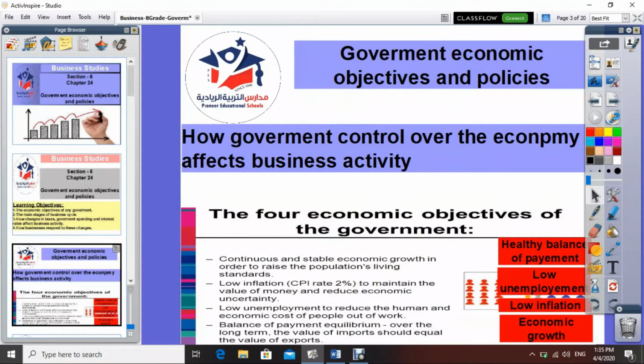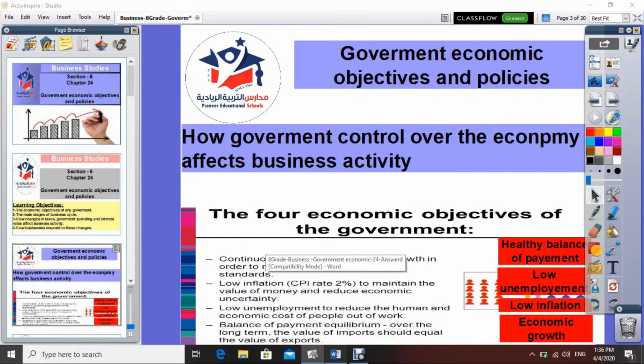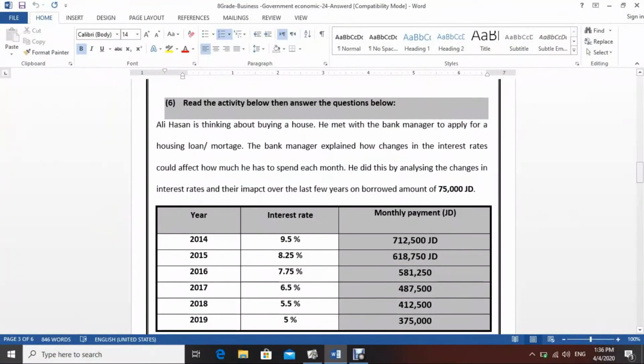We have here the balance of payment. We have many definitions that should be kept in your mind, and I think they will be in the assessment as multiple choice.